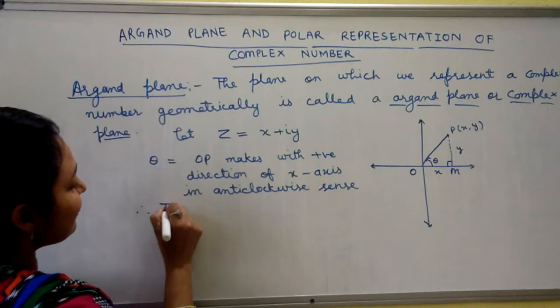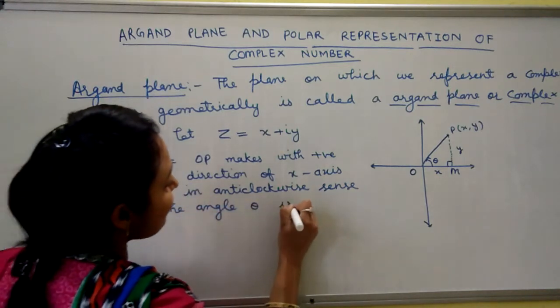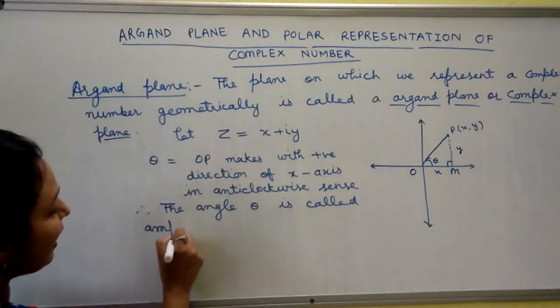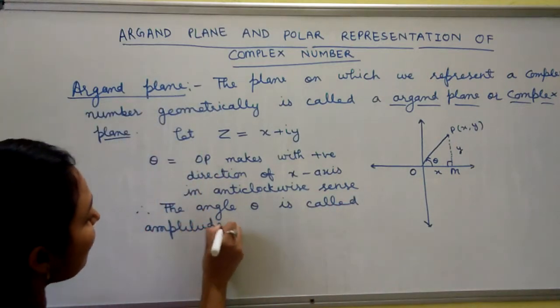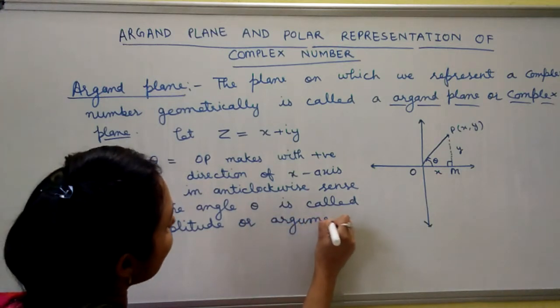Therefore, the angle theta is called amplitude or argument of z.